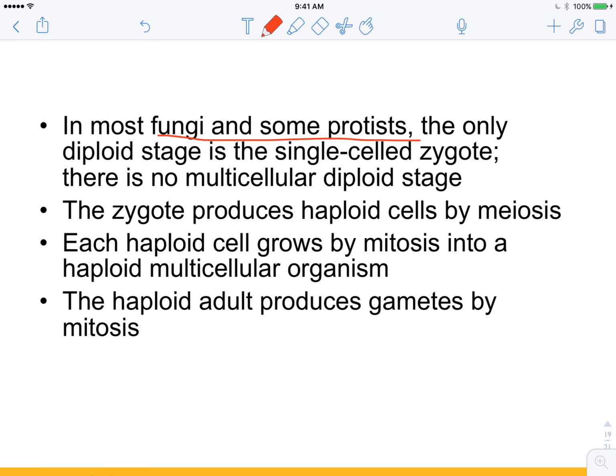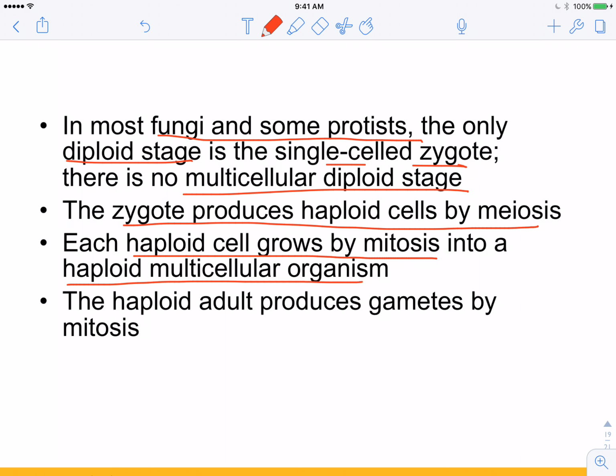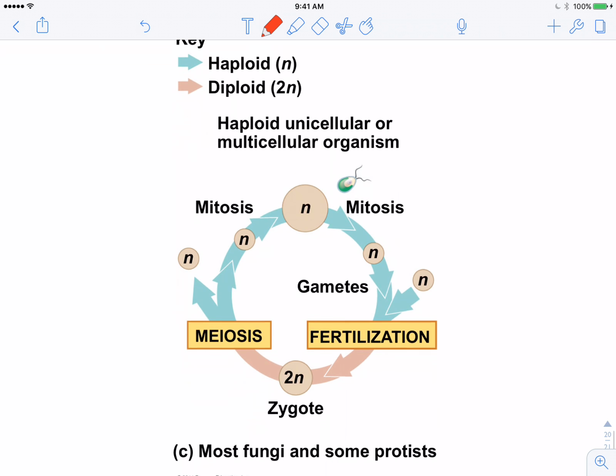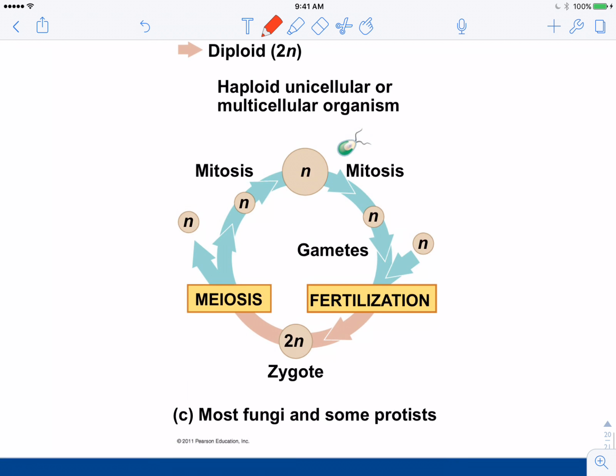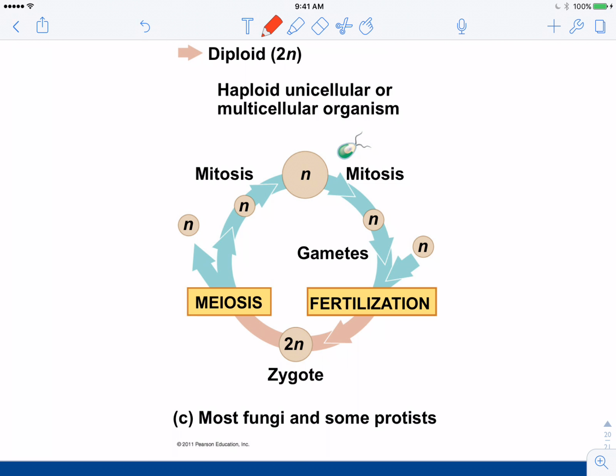In fungi and protists, the diploid stage is unicellular, and there is no multicellular diploid stage. The zygote produces haploid cells via meiosis, and the haploid cell grows via mitosis into a haploid multicellular organism. So again, in fungi and some protists, there is a reduced diploid stage.